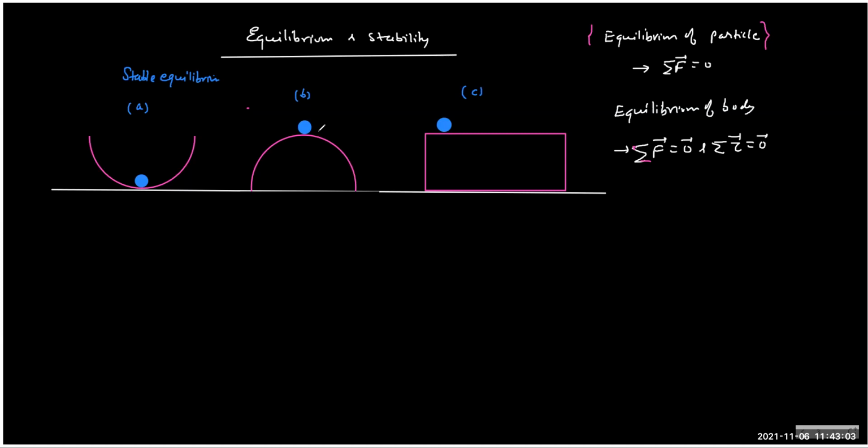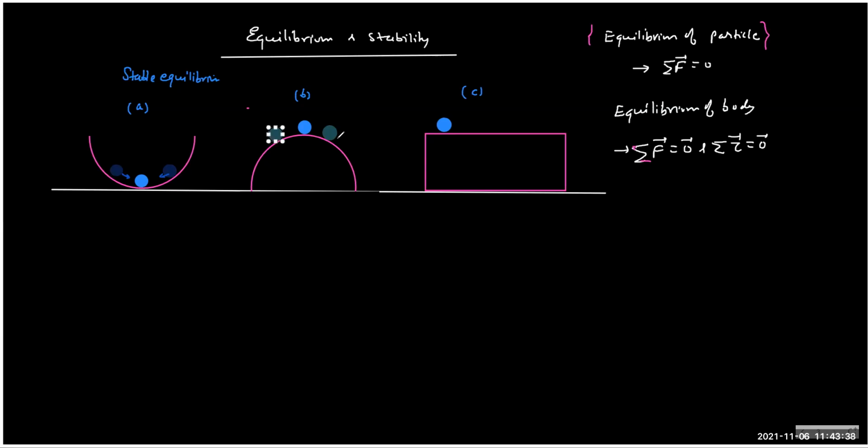In the B case, if you disturb slightly, there is no question of coming back to the same point of equilibrium.